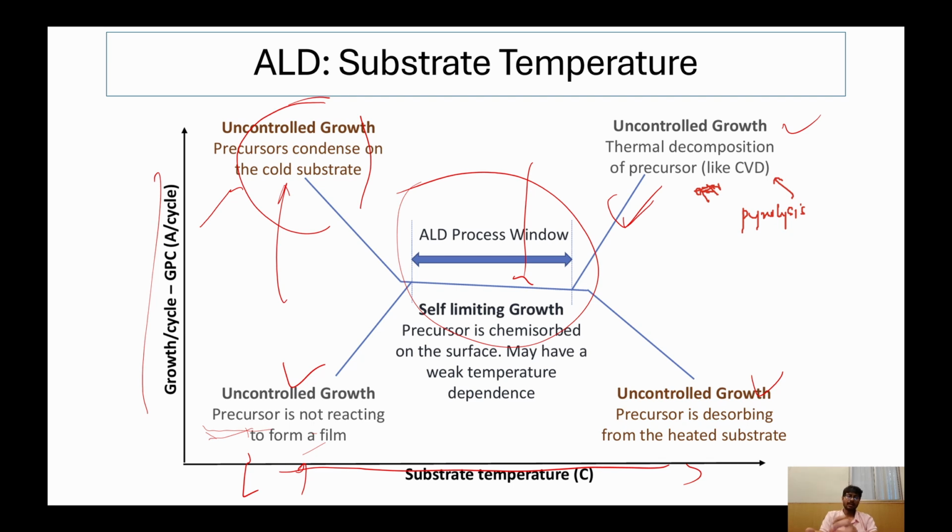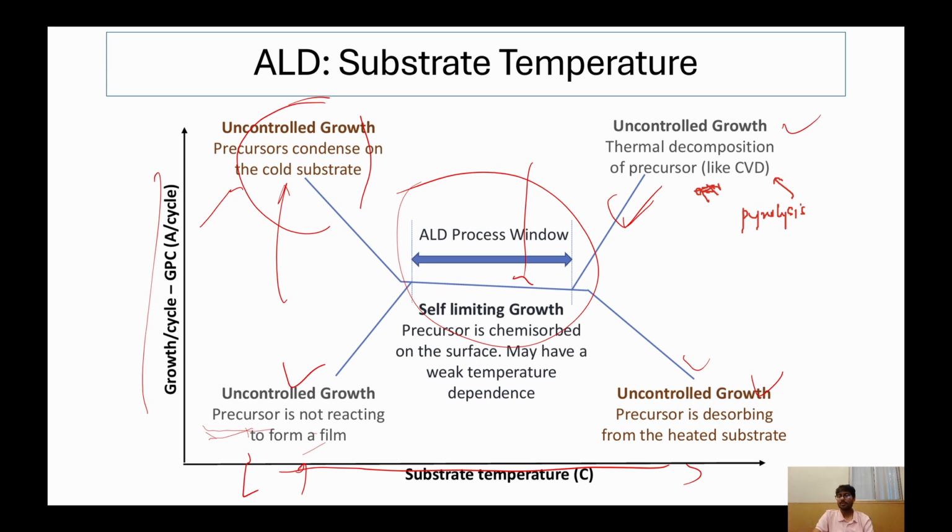Kind of chemisorption was happening, but at higher temperatures even that bond can break. So a certain amount of the precursor that was chemically attached at the surface can get desorbed during the purge cycle. And again you will get some kind of islands on the substrate.